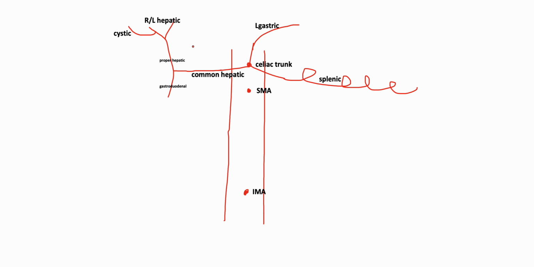Additionally, the proper hepatic itself also gives off the right gastric artery, which I will draw here. And I'm going to draw it in a different color. Let's draw it in green. And it comes over here, and it will form an anastomosis with the left gastric artery.